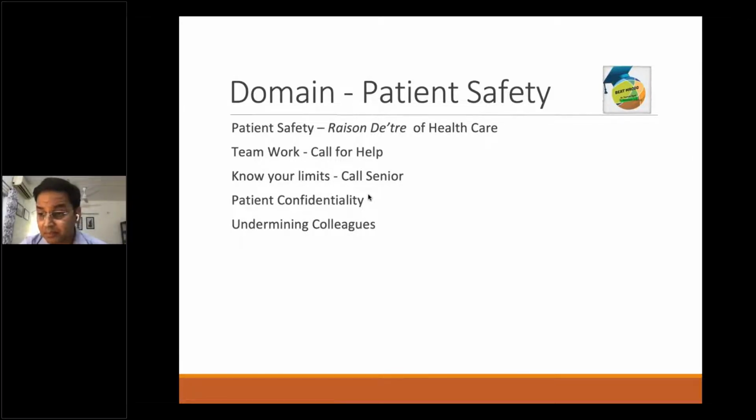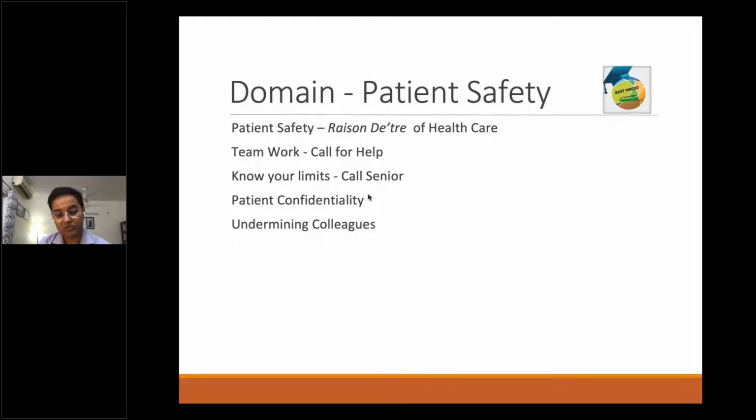Now, patient safety. The GMC, the General Medical Council of UK, stresses that every doctor should recognize their limits of clinical ability, and they should refer a patient or call for help when it is appropriate. However, that does not mean that you should call for help in every scenario.